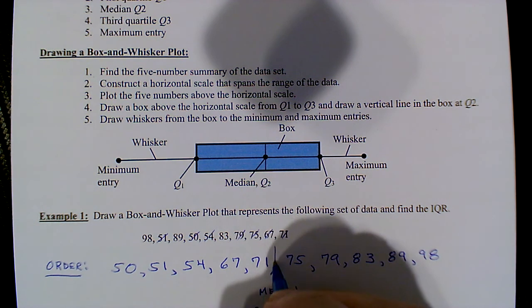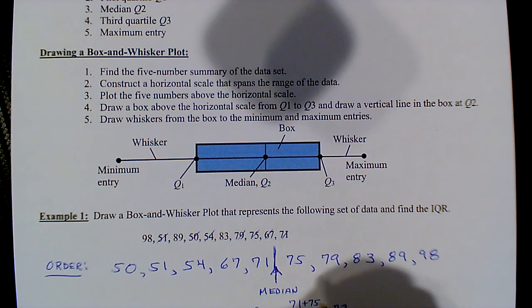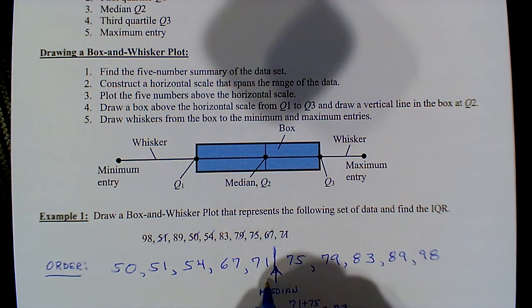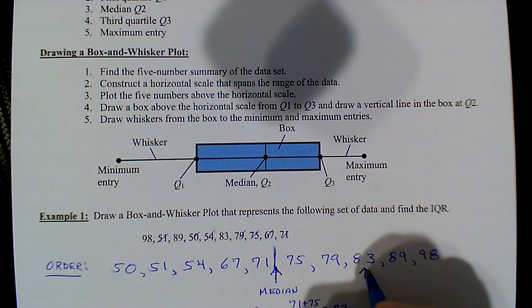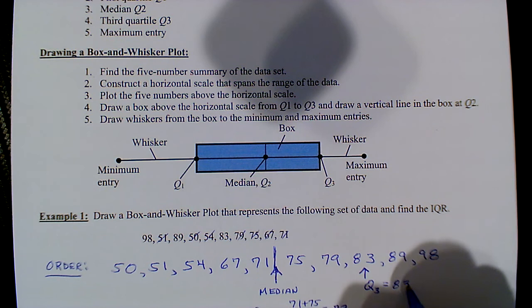Now, what we do to find the first and the third quartiles is you literally split that in half and find the median of each side. So the median to the right would be Q3, which is 83. That's the middle piece.